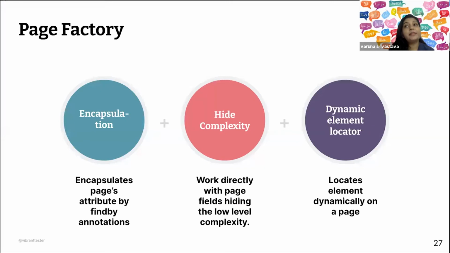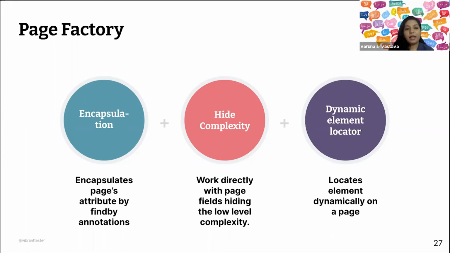It encapsulates, when you are identifying your element, it finds it by a FindBy annotation, and as a user you would just do sendKeys on the username, and you would not think of what is the locator behind it, and it dynamically locates the element on a page. It again hides the complexity from an end user perspective, helps in readability, and helps in finding the attributes by a FindBy annotation and initElements.